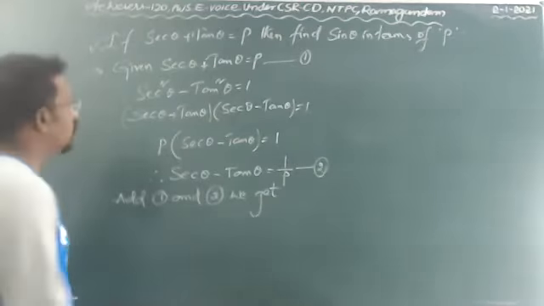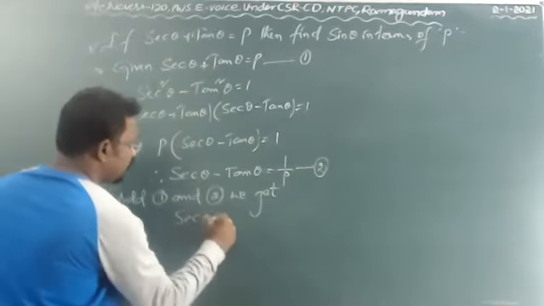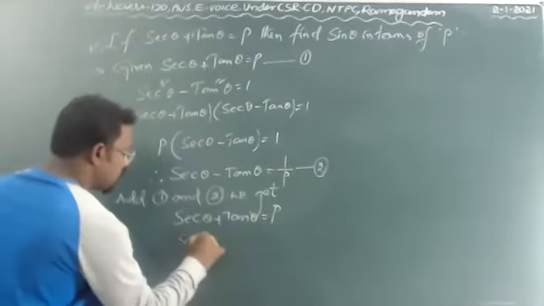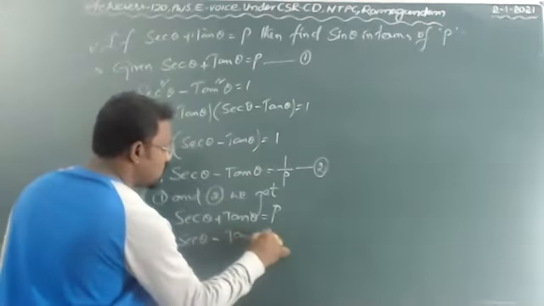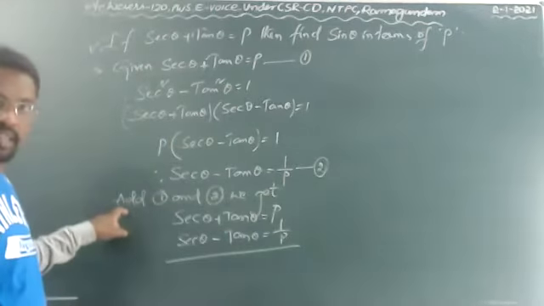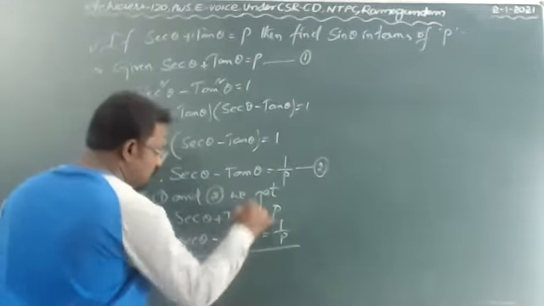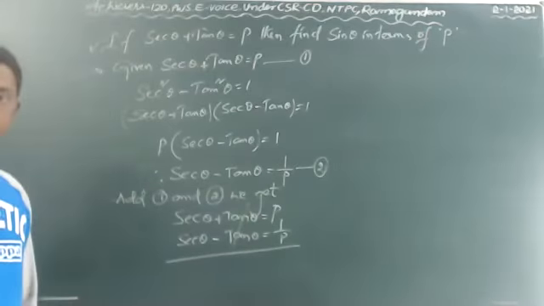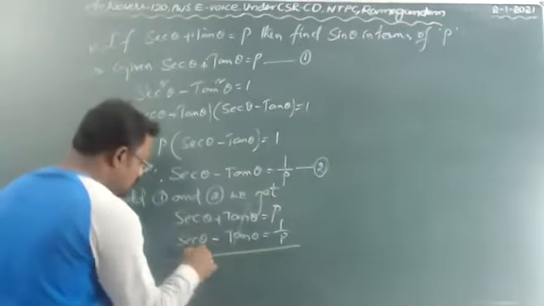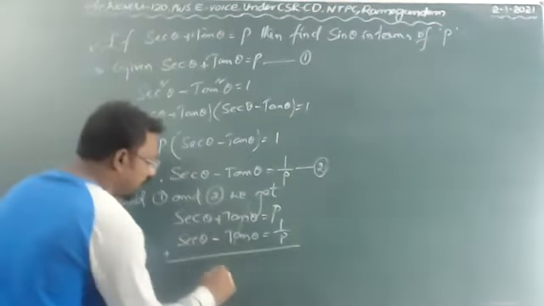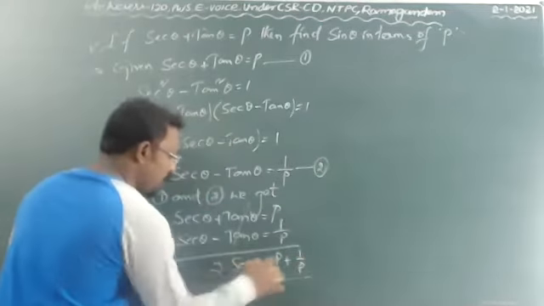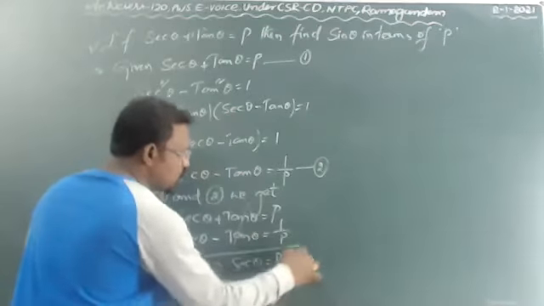Plus tan theta and minus tan theta cancel. Secant theta plus secant theta is 2 secant theta, which is equal to P plus 1 by P.